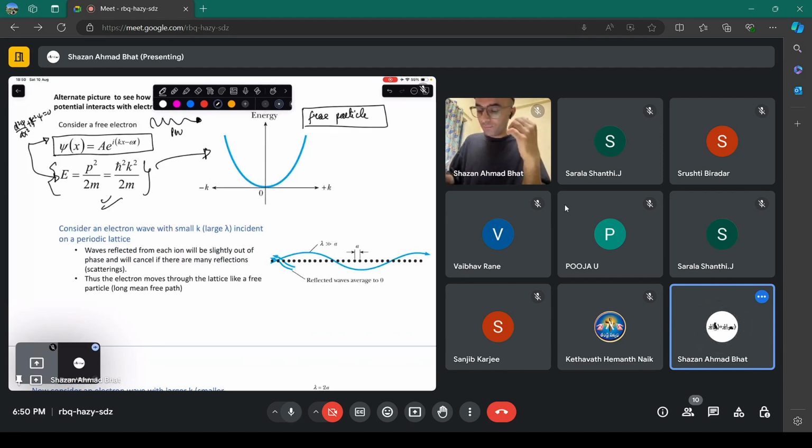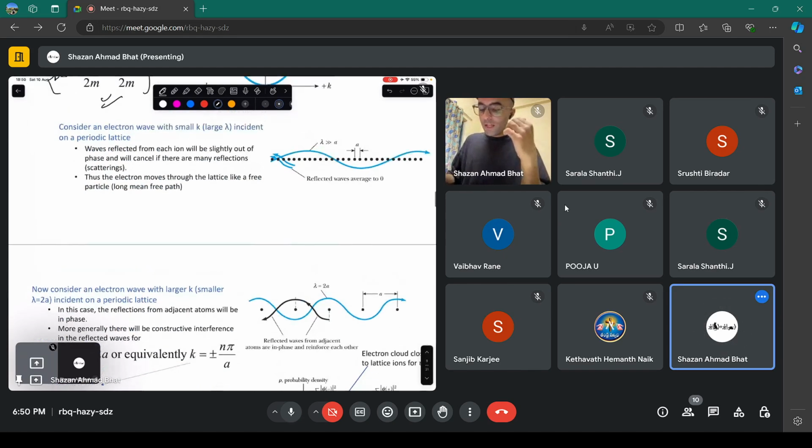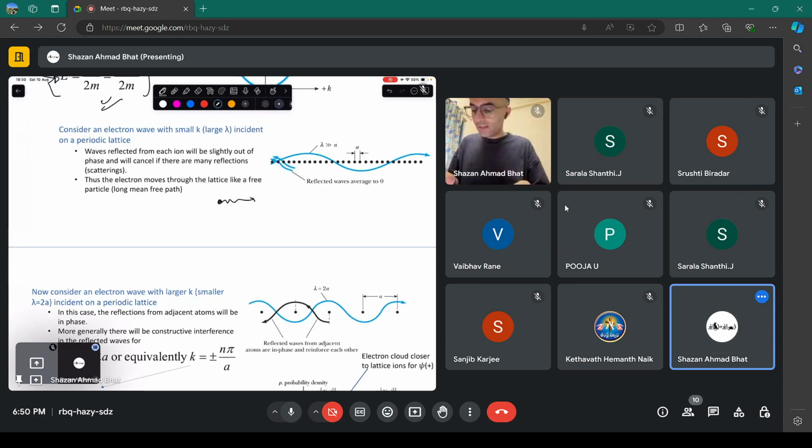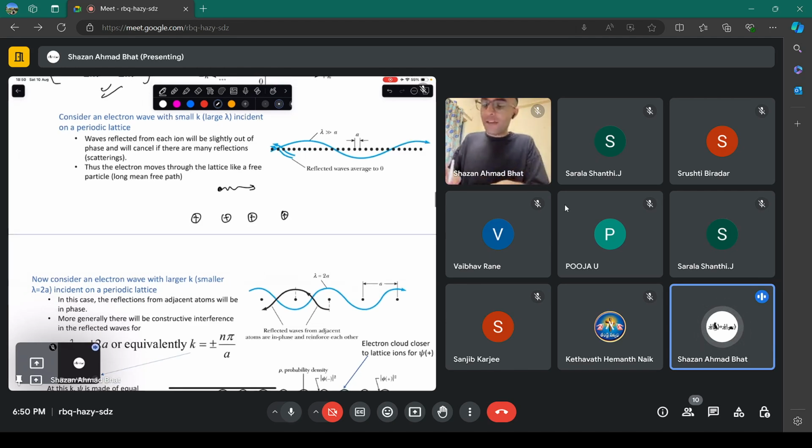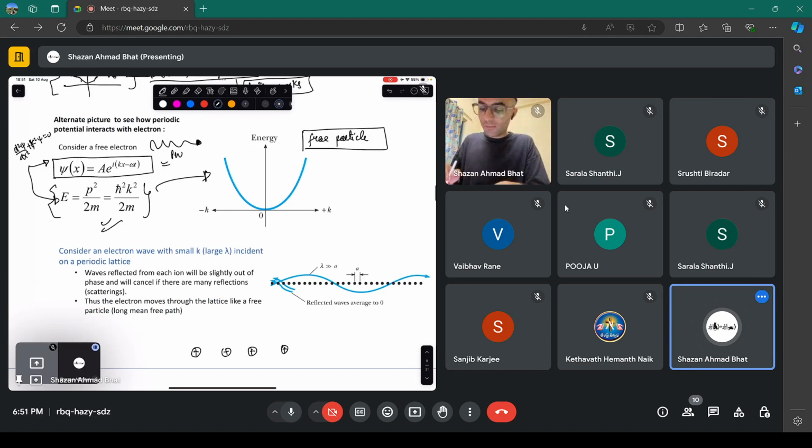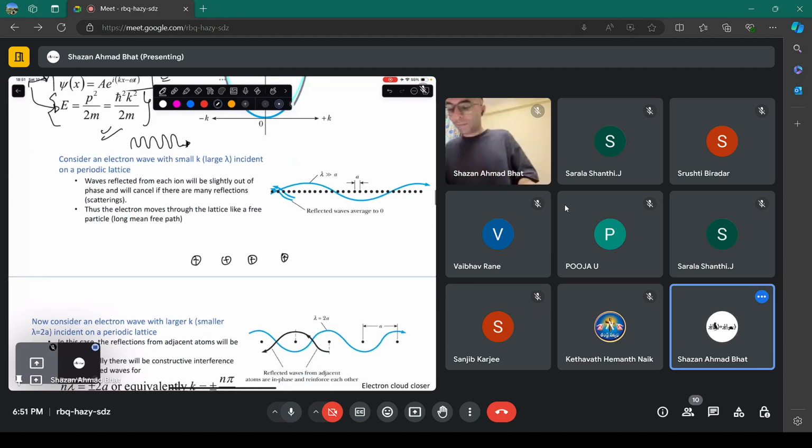Now if an electron is moving inside a periodic lattice, earlier the electron was free and not under the influence of any potential. Now the potential is there. Now the electron is moving like a wave because we have considered the solution of the electron to be a plane wave. The plane wave, let's say, looks something like this. It's a probability wave here, but let's consider it as a simple wave.